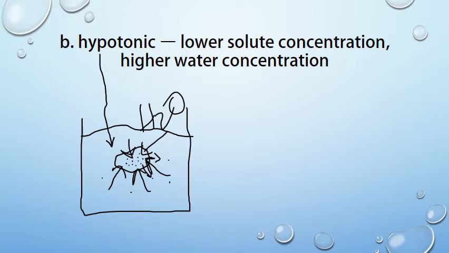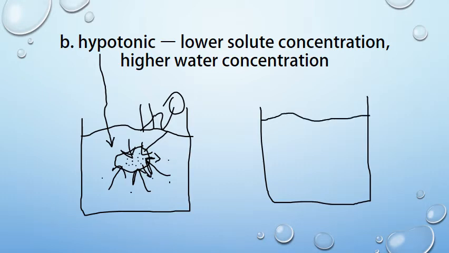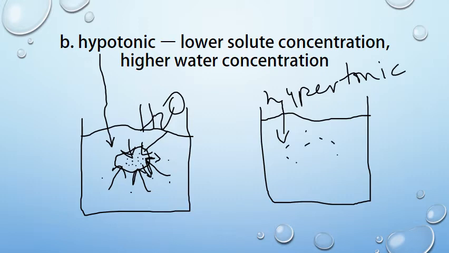All right, I want to go back for a minute. Oh, it's not letting me go back. All right, let me draw the cell that we had in the last solution for a second. This solution is hypertonic. So remember, it had a lot of particles around, and my cell was hypotonic.